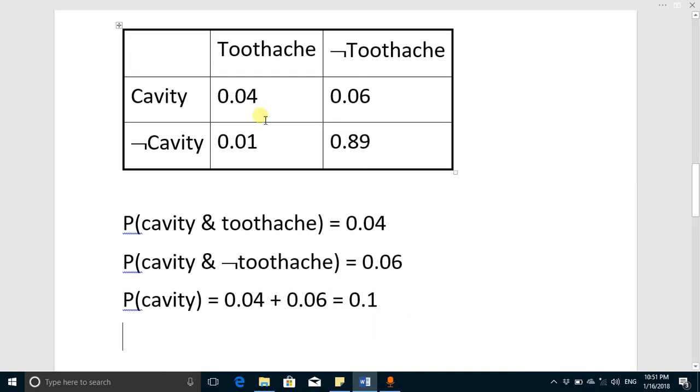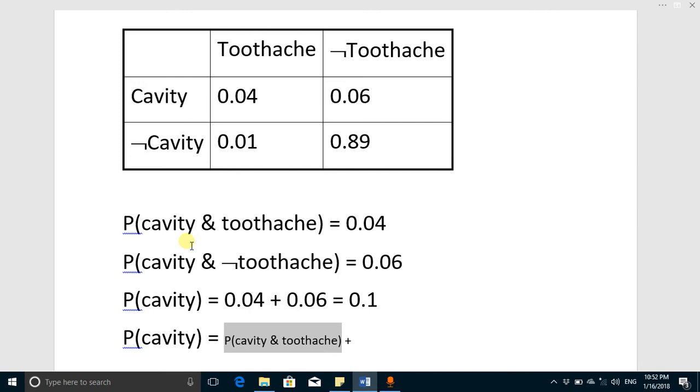So from this table we concluded that probability of cavity is equal to probability of cavity and toothache plus probability of cavity and not toothache.